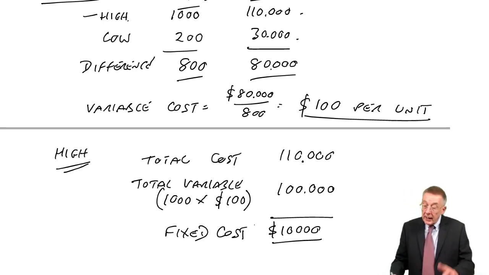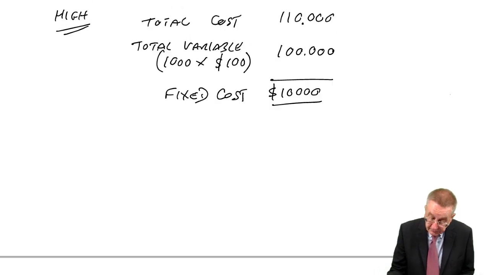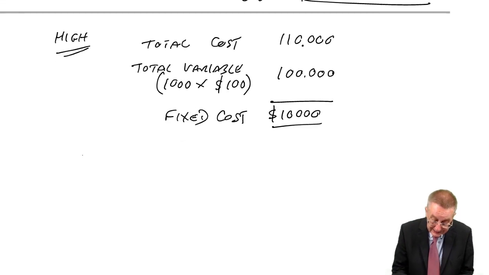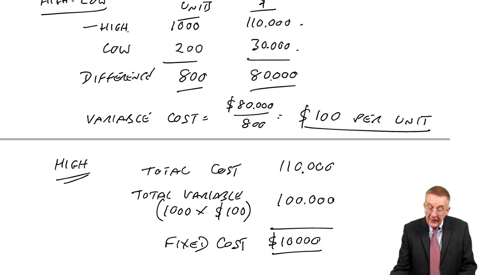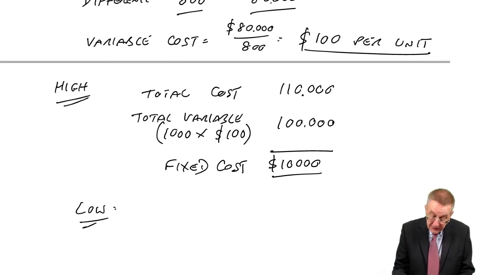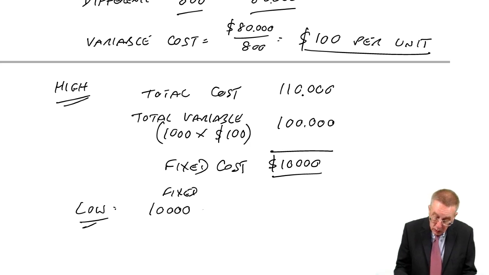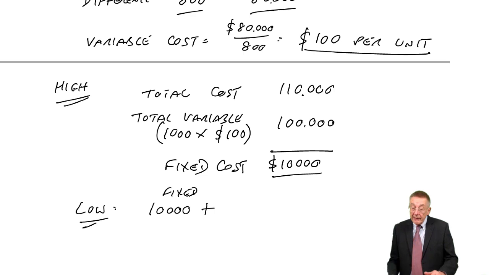And I could have gone to either. I mean, let's just check it. What about the low one? Well, the low one, we're saying the fixed cost is 10,000. In addition, there's a variable cost.